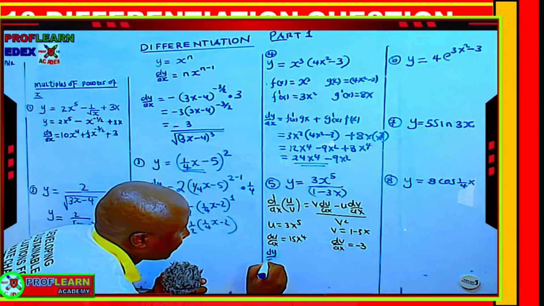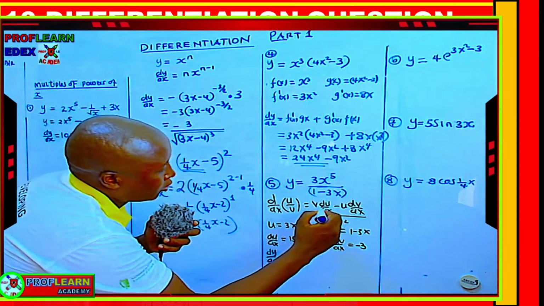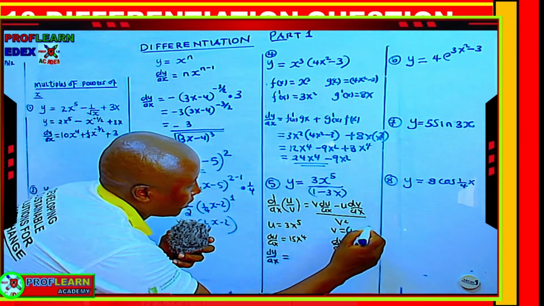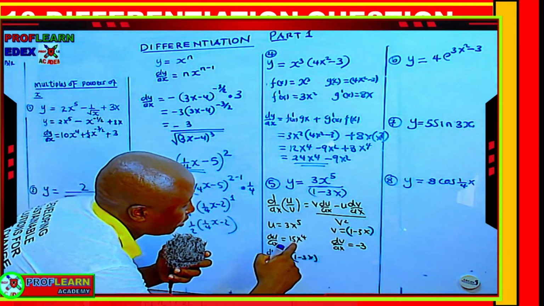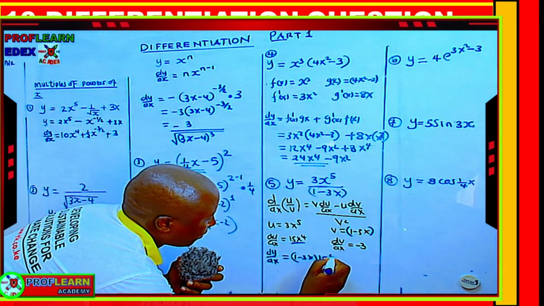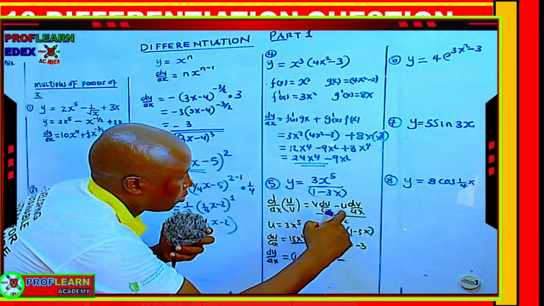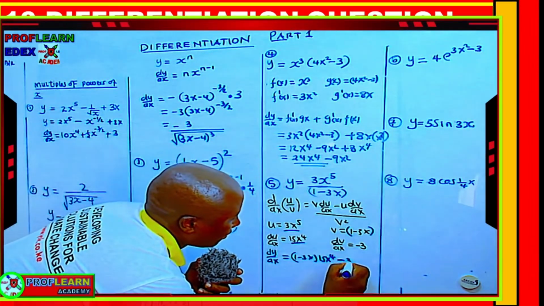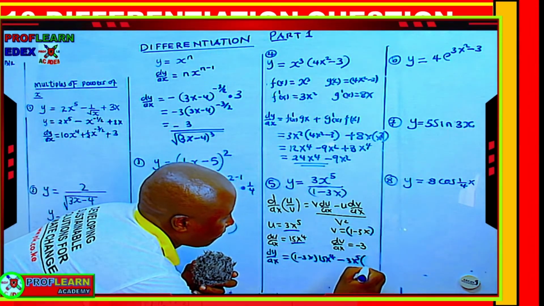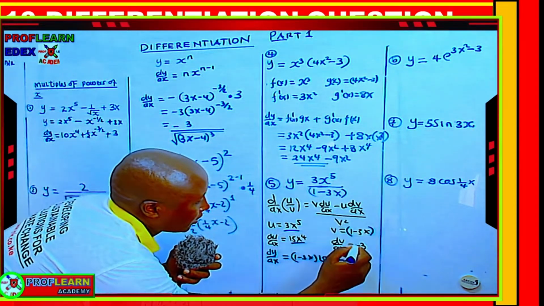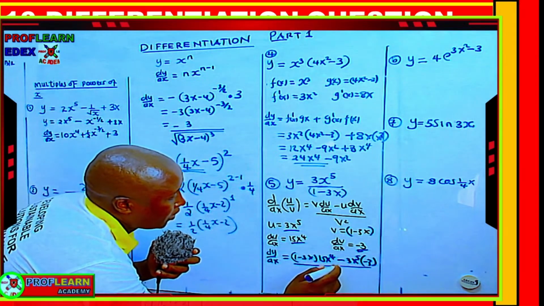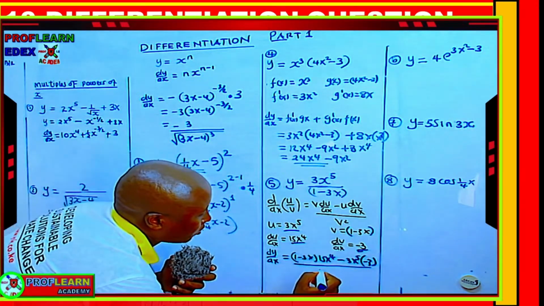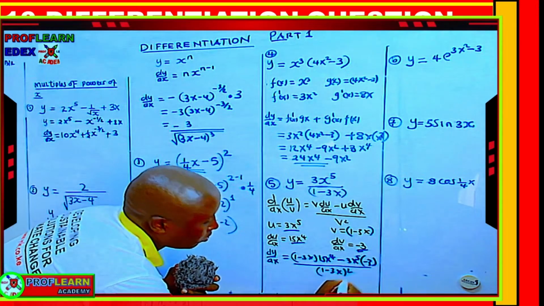Okay, which means that our dy/dx in this case is going to be v. Our v was this, so we are going to say v is 1 minus 3x times du/dx. Du/dx is this, which is 15x power 4, minus u. Our u is this, 3x power 5 into bracket dv/dx, and dv/dx here is minus 3. Then divide by v squared, and our v was 1 minus 3x, and then squared, like that.